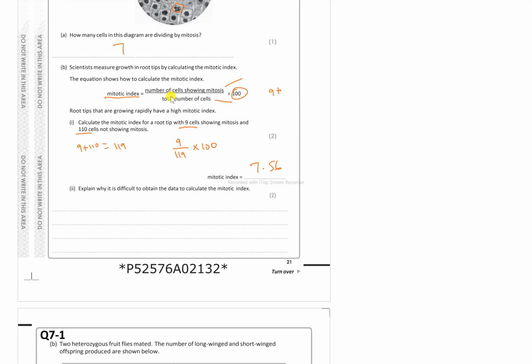Right, sometimes it's difficult to obtain accurate data to calculate the mitotic index, right? Because sometimes it's difficult to see and count the number of mitotic cells.